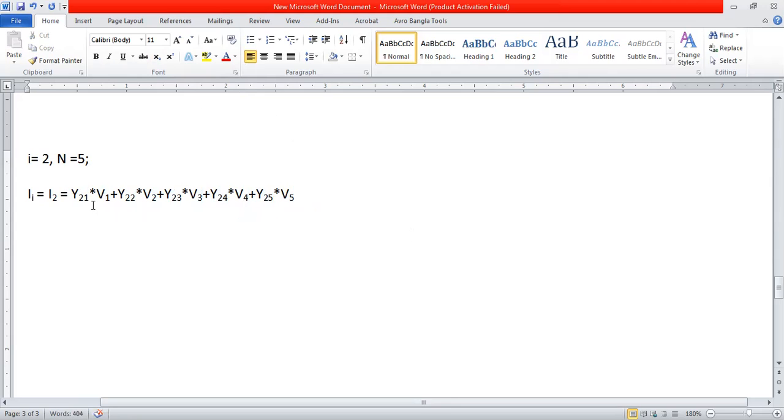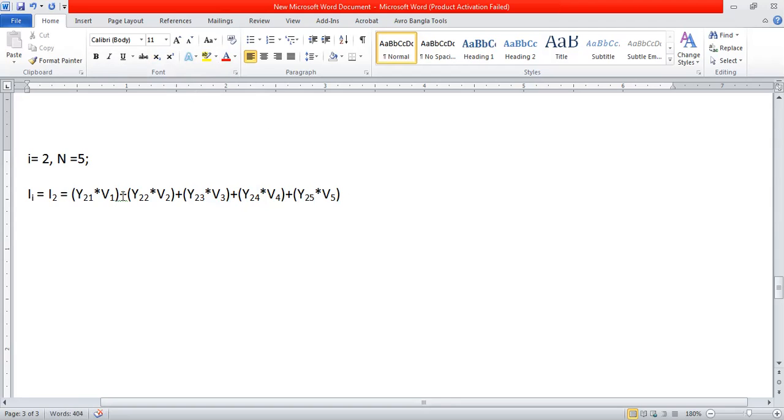If we finally modify this equation for a clearer view, then the equation looks like this. This is the final format equation.